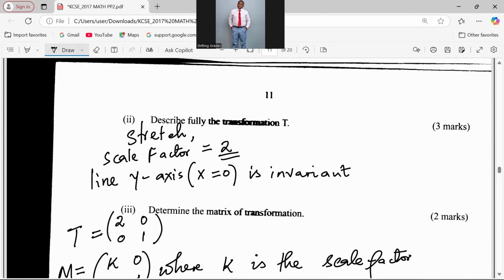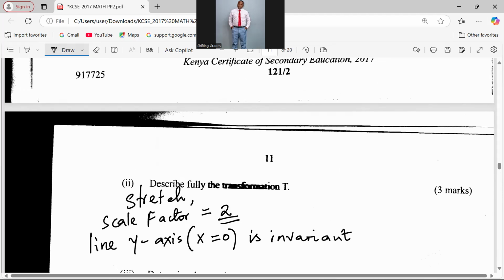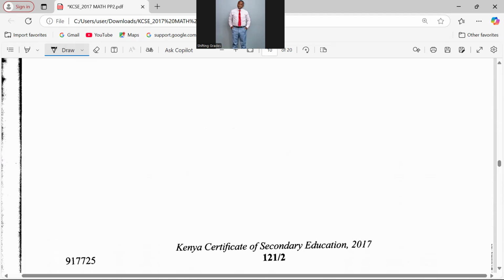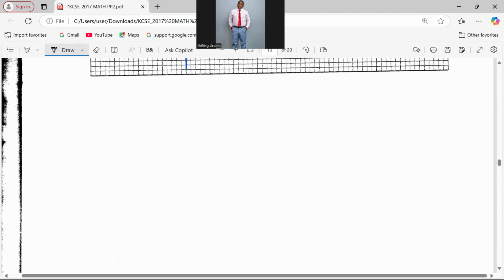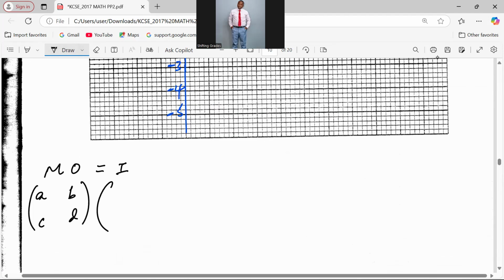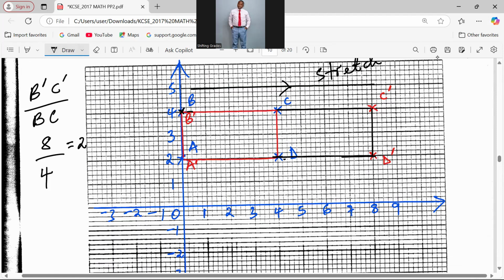Alternatively, because we have image and the object, we can say that matrix of transformation multiplied by object should give us image. Therefore, a known matrix A, B, C, D multiplied by the coordinates of the object.